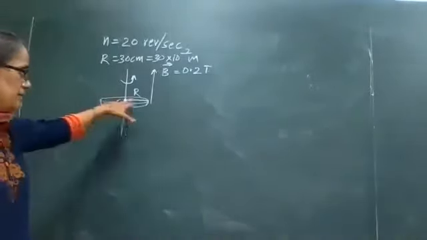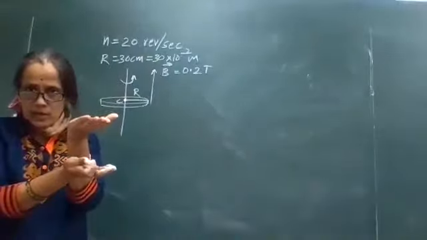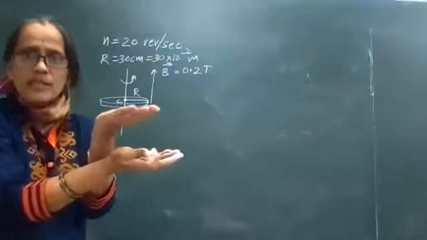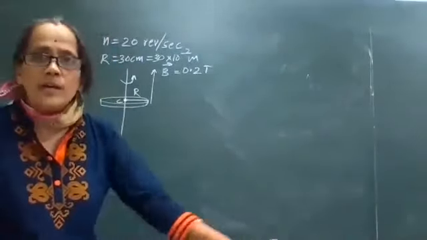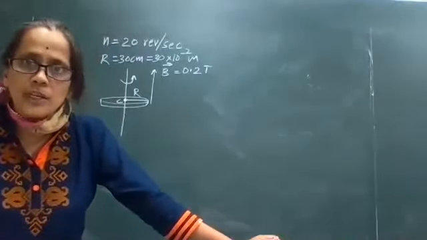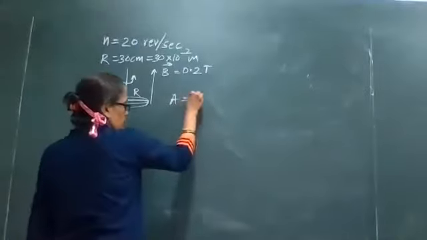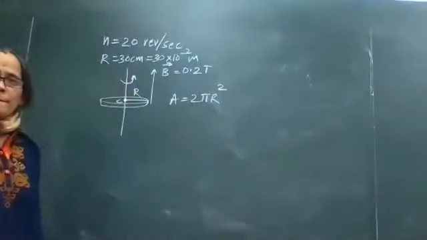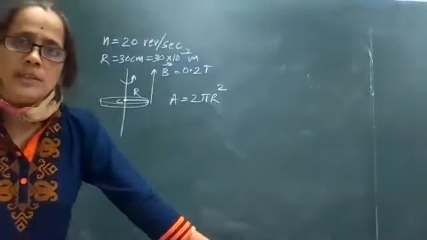Area of the disc means upper area and lower area. The upper area is pi r square, the lower area is pi r square. So the area swept is 2 pi r square. Clear?